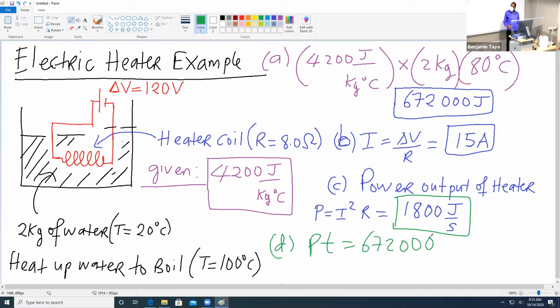And if you solve that equation, you can get your time. It's going to be equal to this number divided by 1800.